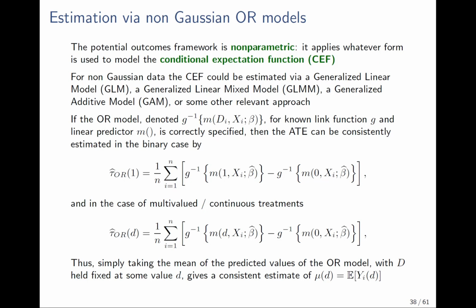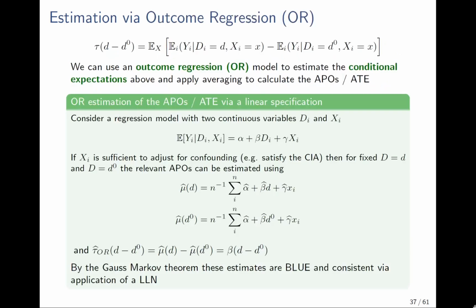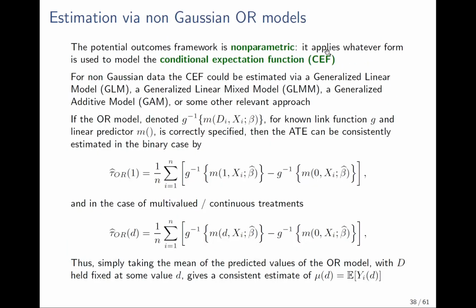Now that's a simple linear model, but actually the potential outcomes framework is non-parametric. When I say non-parametric, I don't mean in terms of its functional form, I mean in terms of the parameters that govern the form. The potential outcomes framework, which really just expresses things in terms of probabilities or expectations, doesn't dictate what parametric form we must use, and therefore it applies whichever form we use to model the conditional expectation function.